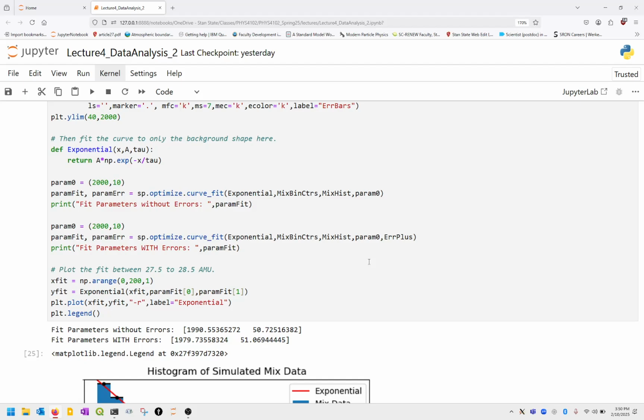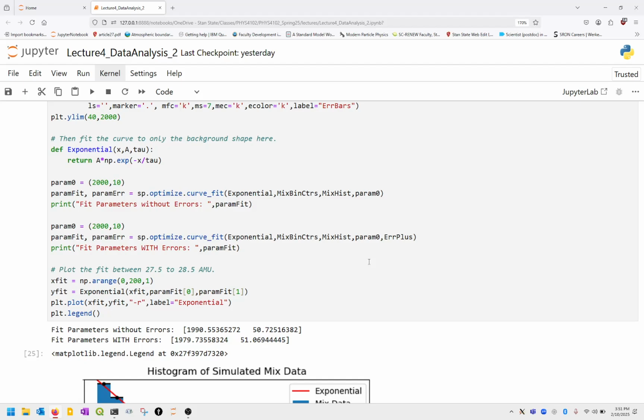Unfortunately, curve_fit cannot take an asymmetric error. It has to be symmetric. In that case, you always want the bigger one to be conservative. The bigger one's always going to be error plus, remember, because it's 0.5 plus something instead of negative 0.5 plus something. Whatever that number is, the sigma plus is going to be the bigger number.